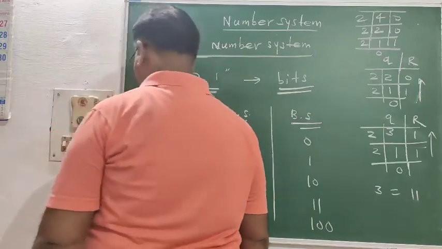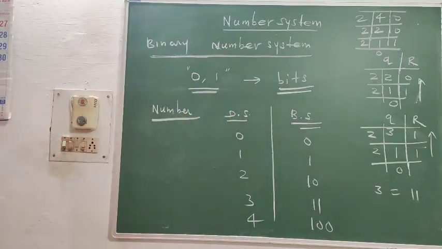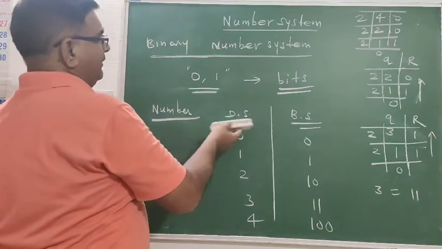This is the way by which you convert decimal numbers into the binary number system. Similarly, you write some larger numbers: 7, 8, 9, 10, 11, 12. You must have written these.